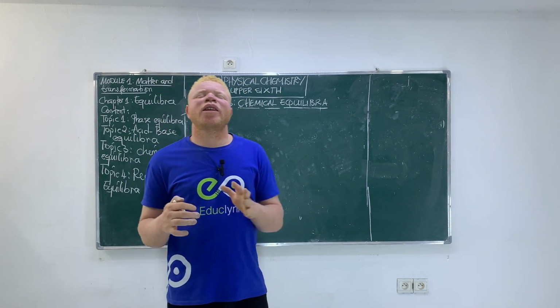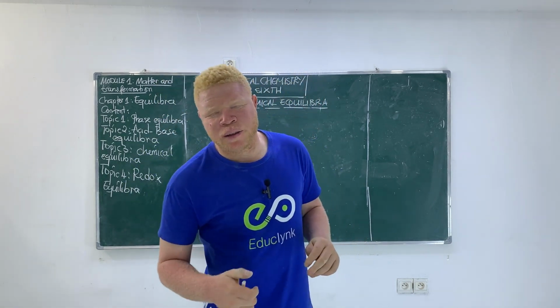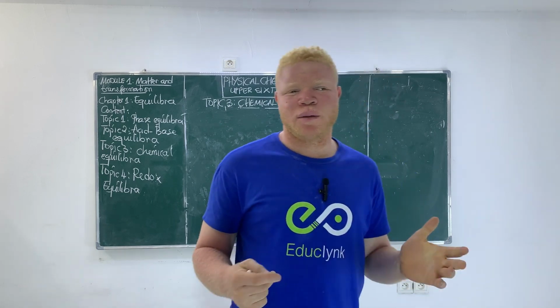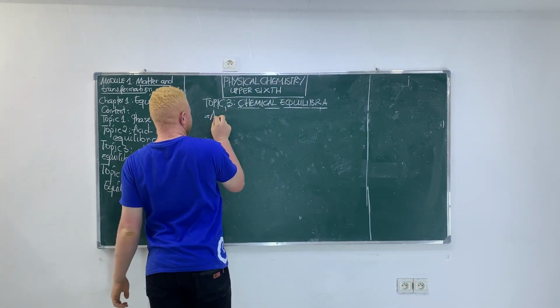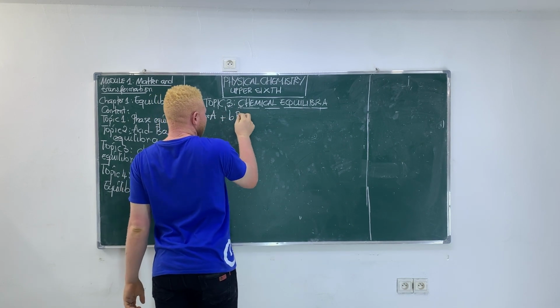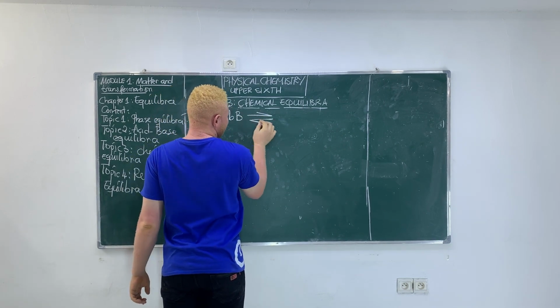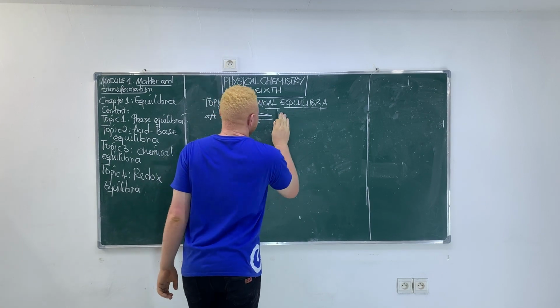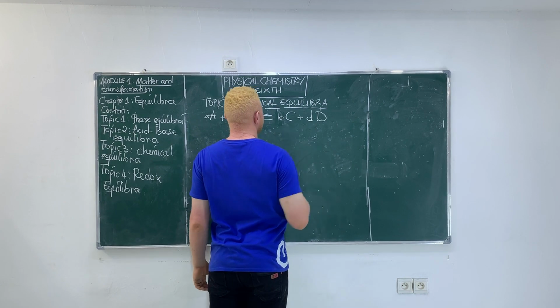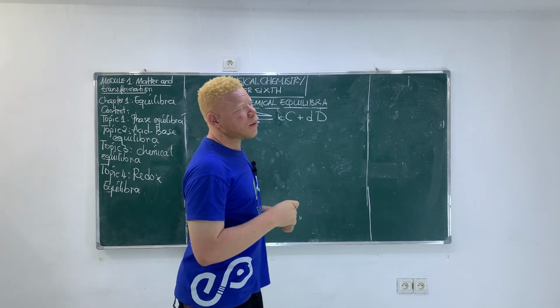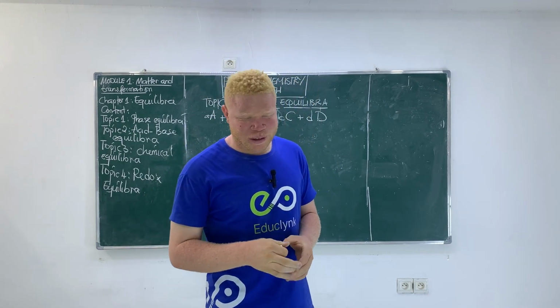The equilibrium constant Kp or Kc. So consider the reversible reaction below. The reaction is small a A plus small b B, reversible reaction giving small c C plus small d D. In this case, we're going to apply the equilibrium constant.